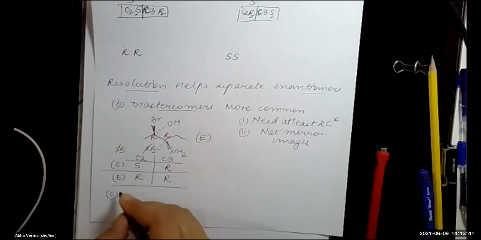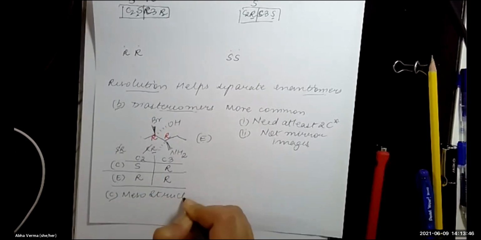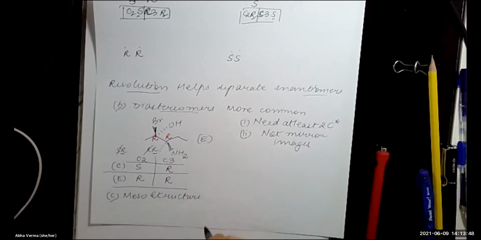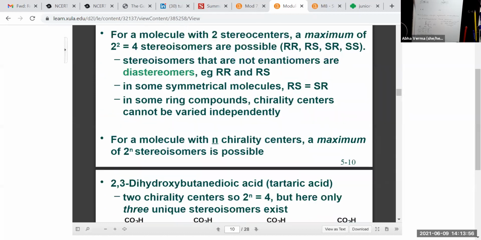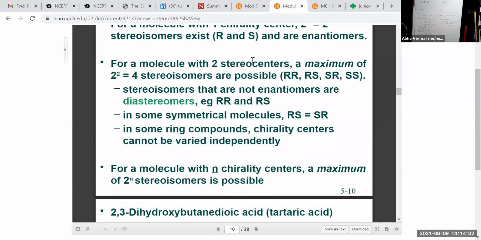Another structure, another relationship that we see is a meso structure. Now, meso structures, and this is just a repetition of what we studied a few minutes ago between diastereomers and enantiomers.